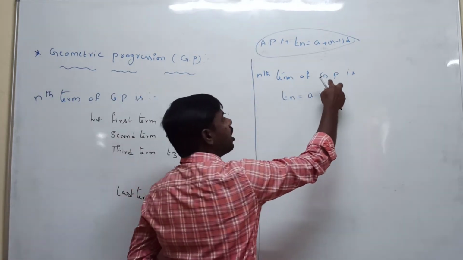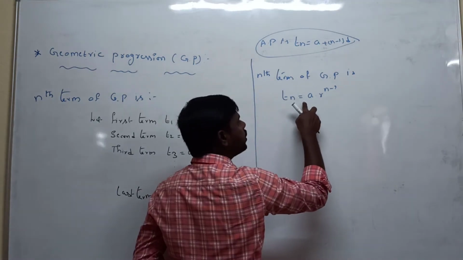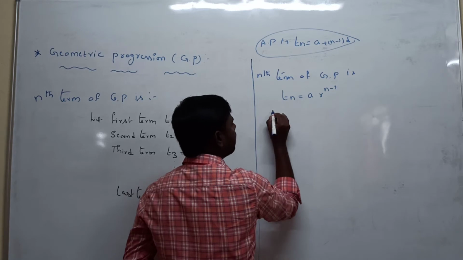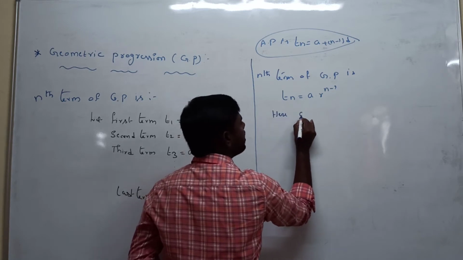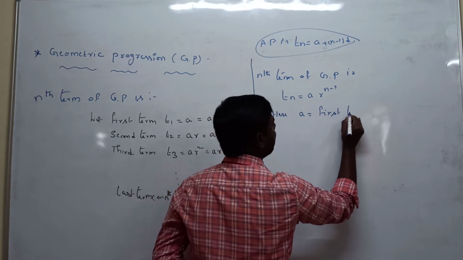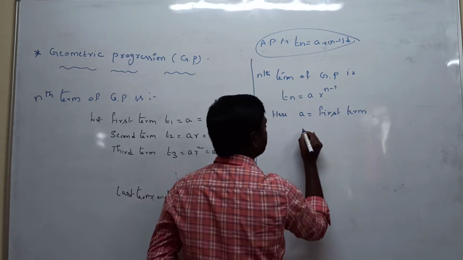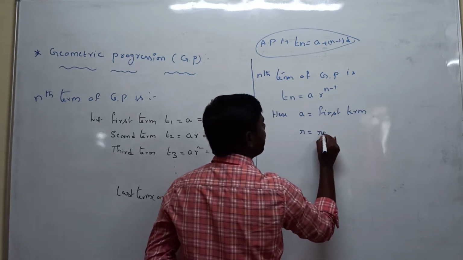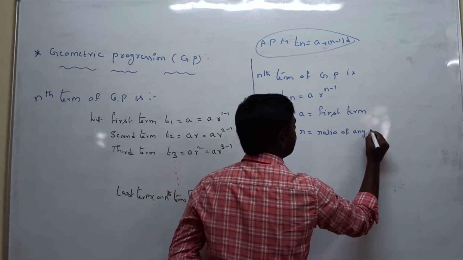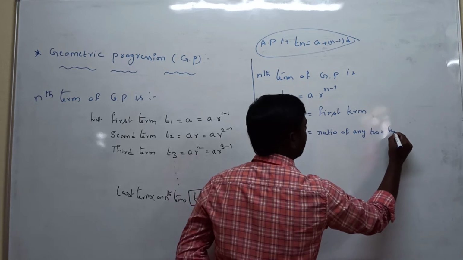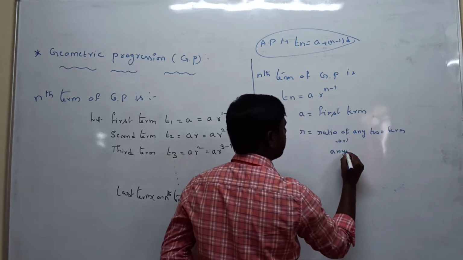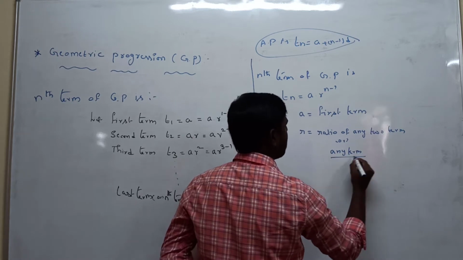The nth term of the geometric progression formula is Tn is equal to A into R to the power of n minus 1. Here, A is called the first term. R is called the ratio of any two terms, or any term divided by the previous term.